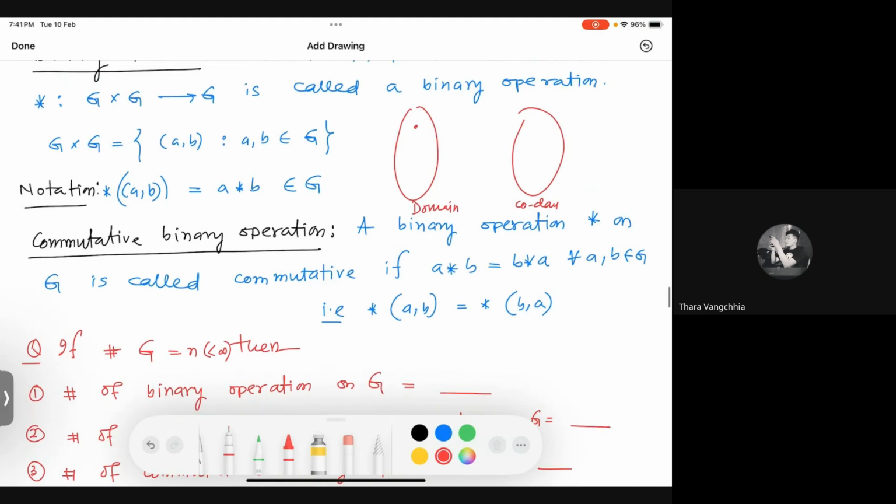Every element from the domain has an image, but it has exactly one image. So it cannot go to two elements in the codomain. It has only one image, and every element in the domain has an image. Okay, so this is the property of a function.